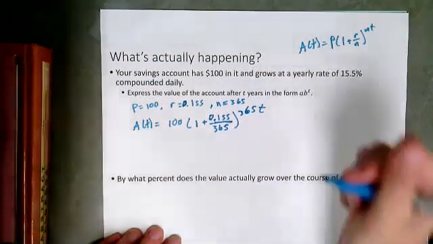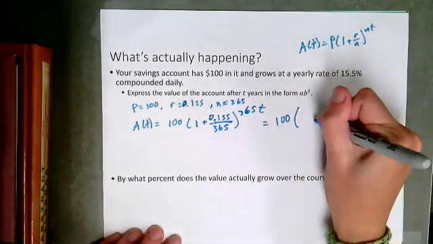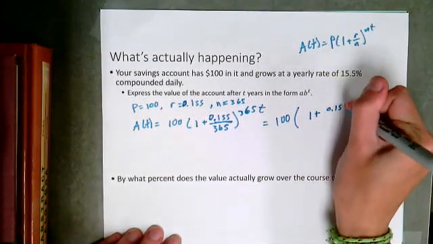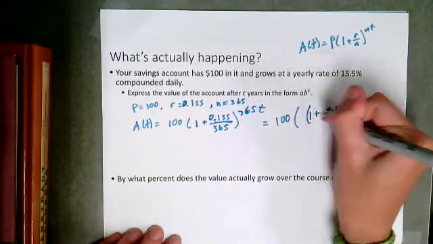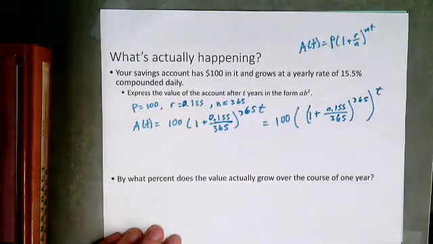Now this we can rewrite as 100 times (1 + 0.155/365) raised to the 365, and then raised to the t.